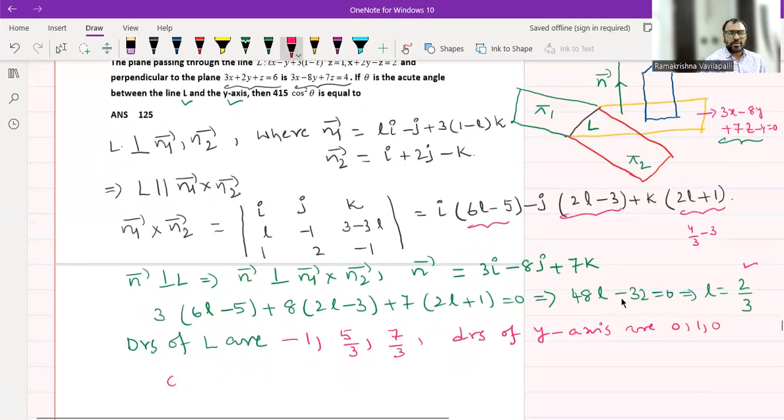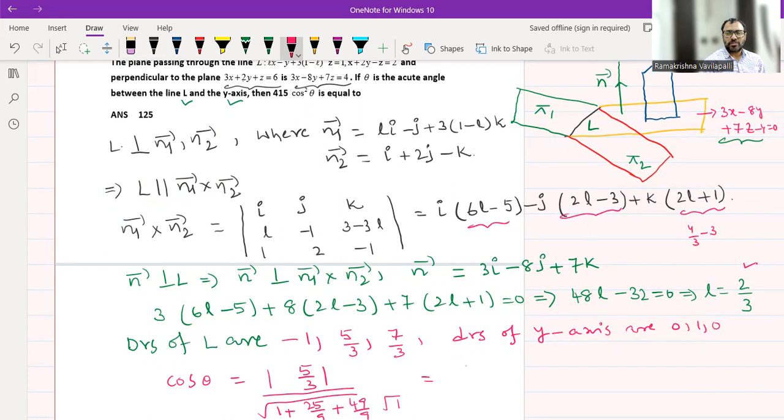the angle between these two vectors: the modulus of the numerator is 0 plus only the middle term, 5 by 3, by under root of 1 plus 25 by 9 plus 49 by 9, into the square root of 0 square plus 1 square plus 0 square, which is 1.